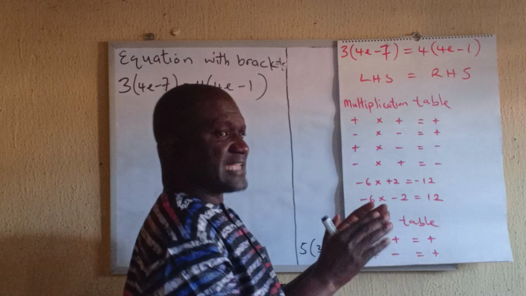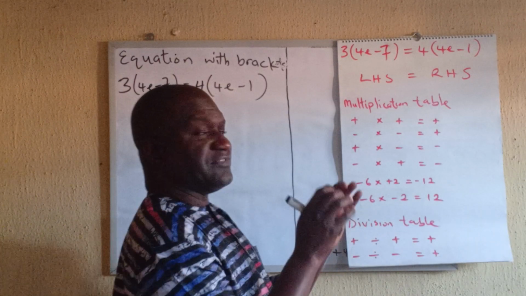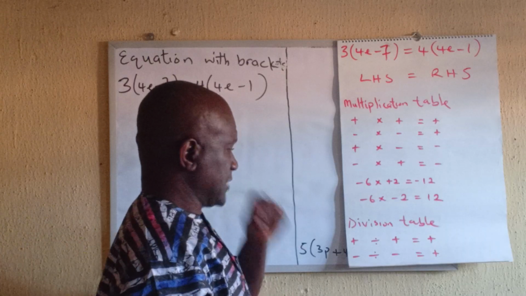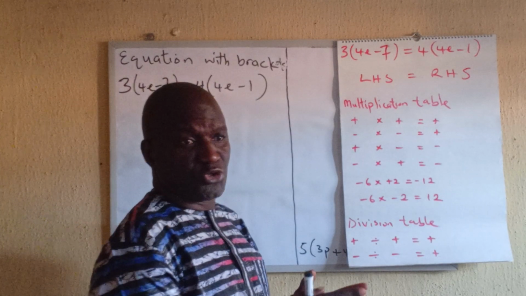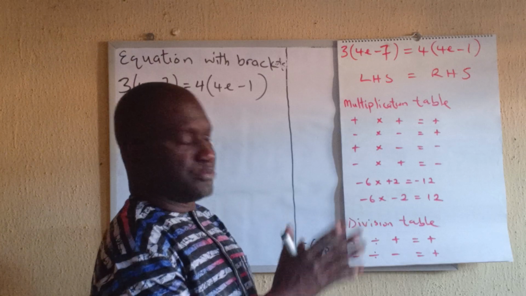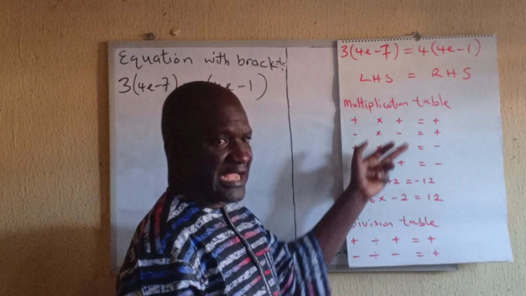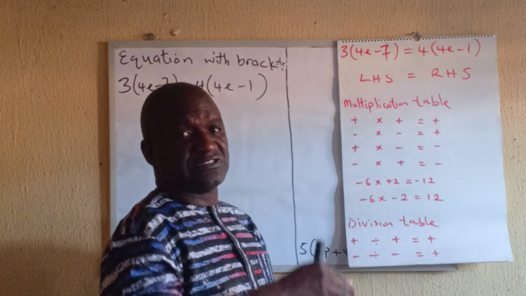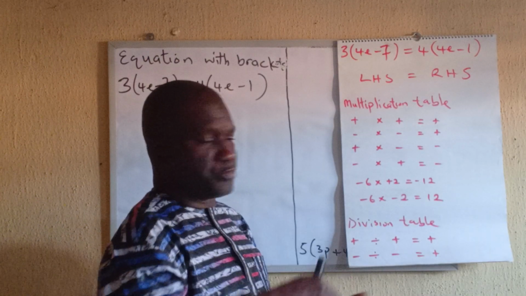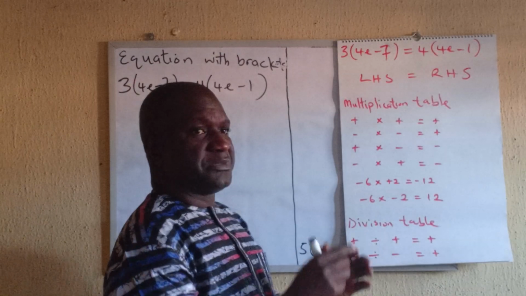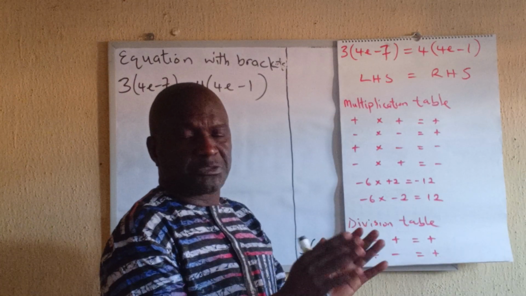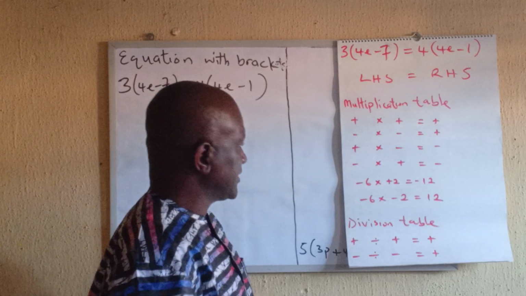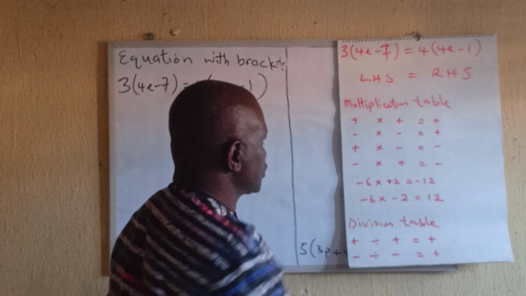Meaning that when the signs of the numbers you are multiplying are the same, then the answer will be plus. But if the signs are different, they are opposite, then the negative sign or minus sign dominates. Is that okay? So in multiplication, you are performing your normal multiplication, but the sign of the numbers determines the sign of the result that we are writing here.